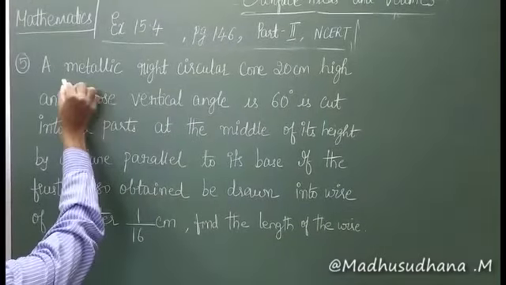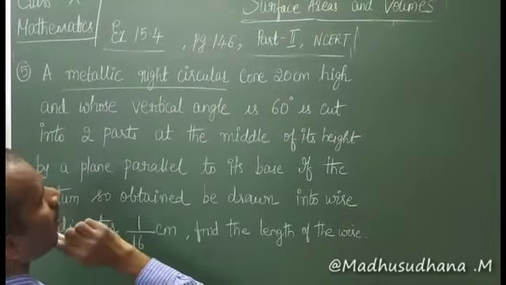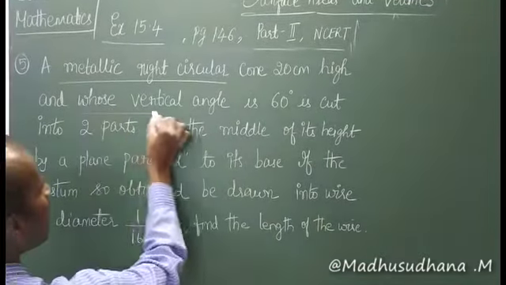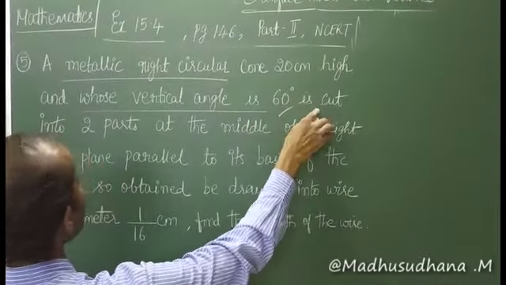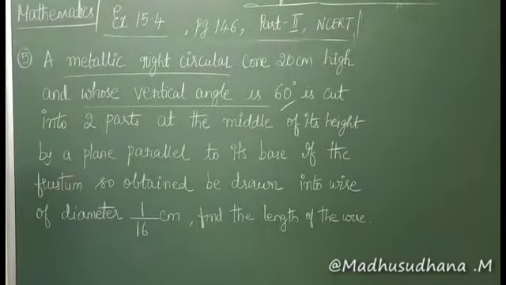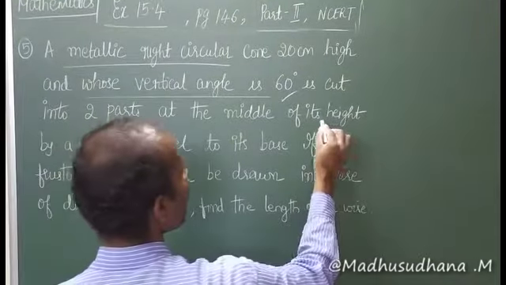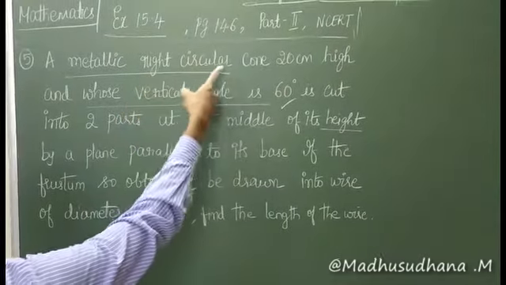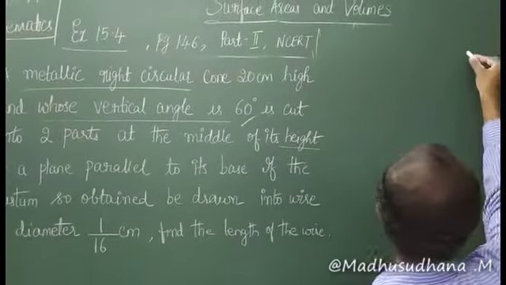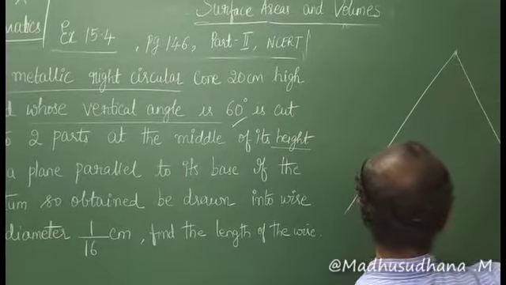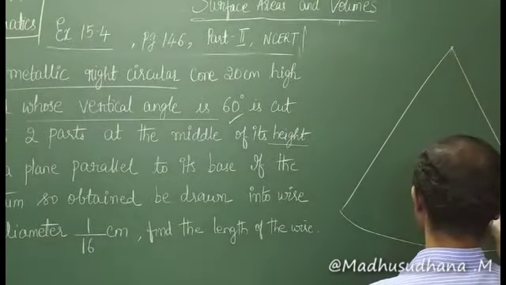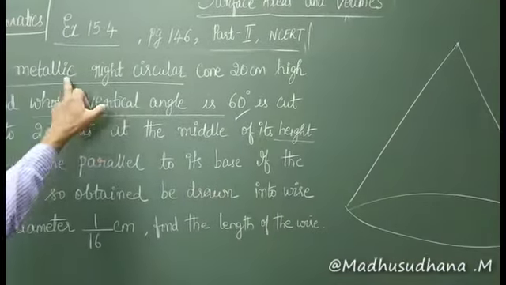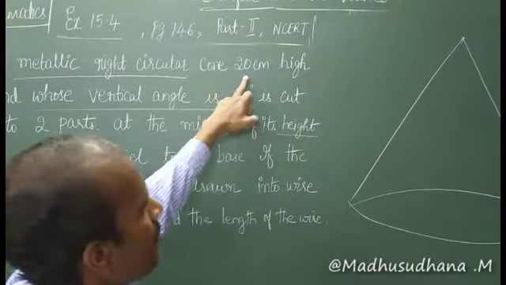A metallic right circular cone 20 centimeters high and whose vertical angle is 60 degrees is cut into two parts at the middle of its height by a plane parallel. So now it is a metallic right circular cone. So let me write, if this is my right circular cone here, metallic right circular cone 20 centimeters high.